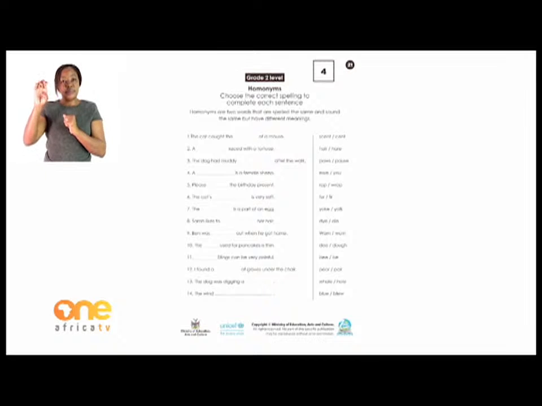The second one, a rest with a tortoise. The two possible answers are both hair. Which hair are we talking about here? The first hair is my hair on my head, and the second hair is of an animal. You know the small hare, the one that runs very quick, they are small animals. So which one did the tortoise rest with?